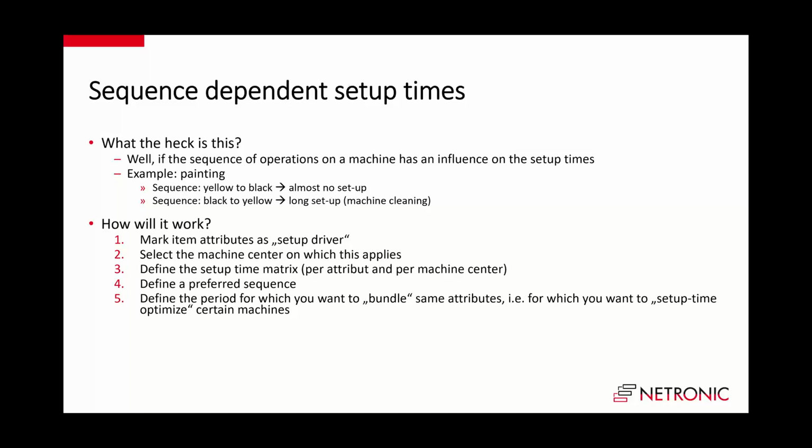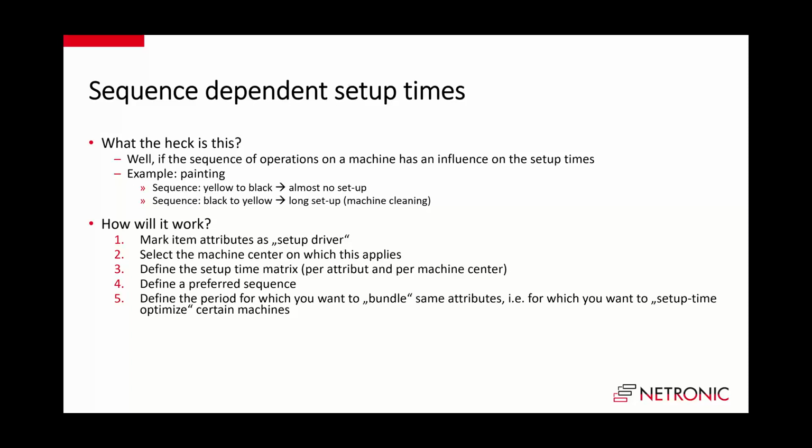And so how will this work? Well, we will work with item attributes, and we will give you the capability to mark item attributes as a setup driver. Typically this does not apply on every machine. In my example, you could have cutting lines, welding lines, edge bending, milling, drilling.